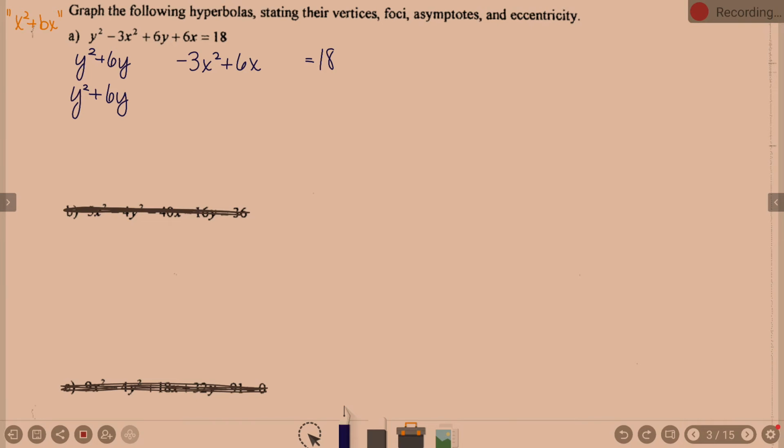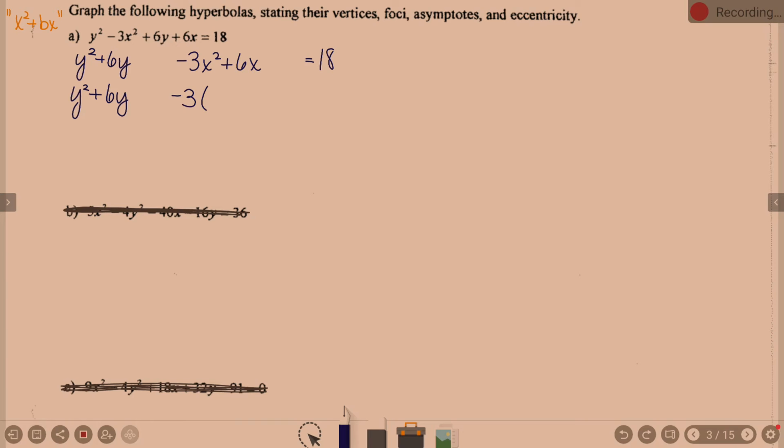Here's the deal. Even if that was not a 3, it was just a 1, on the second one you're going to need to factor out the negative. If it was just a minus x squared, we'd still need to factor out a minus. In this case, we're going to factor out a minus 3.